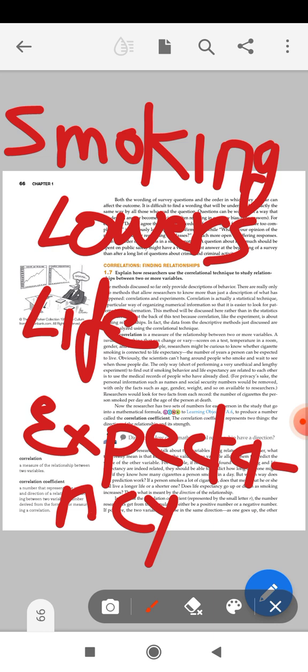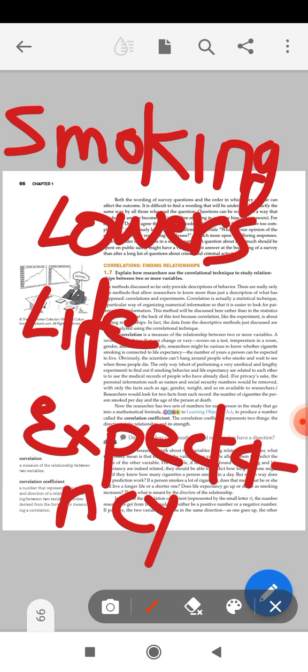Obviously their names and confidentiality will be maintained. You will choose from the hospital records those patients who have died, and you will get their records of whether they were smoking or not smoking.